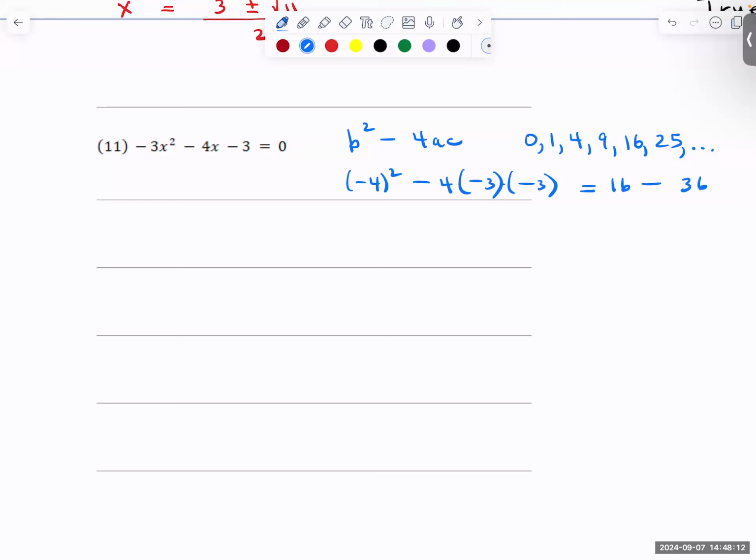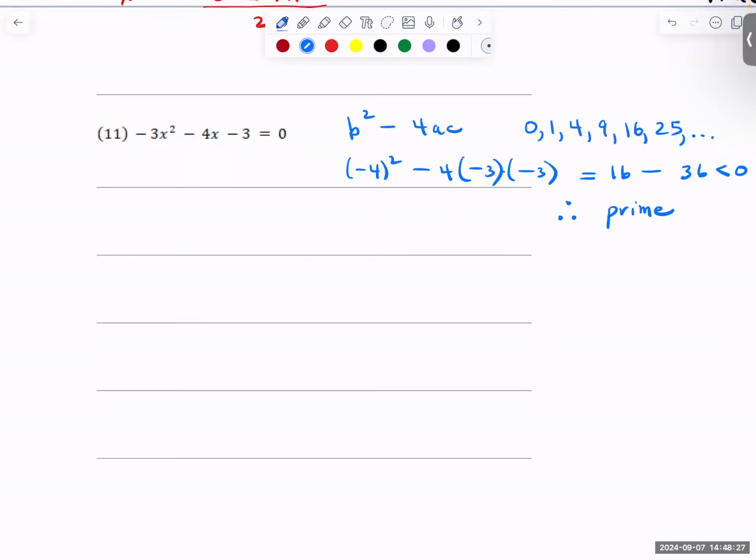And 16 minus 36 is a negative result. And anytime you get a result that's negative, less than 0, it's automatically prime, cannot be factored. So therefore, we have a prime polynomial, cannot be factored. Let's go to the quadratic formula.